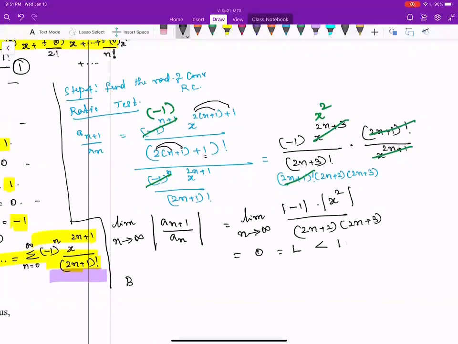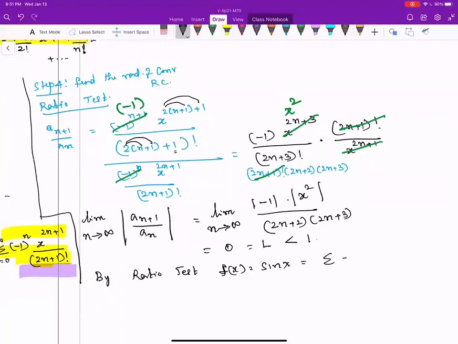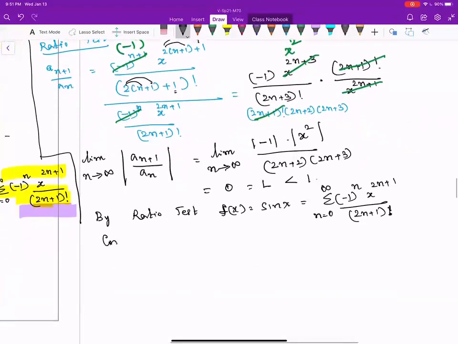So by the ratio test, sin x, which is written as sigma of negative 1 to the power n, x to the power 2n plus 1 over 2n plus 1 factorial, converges for all x.